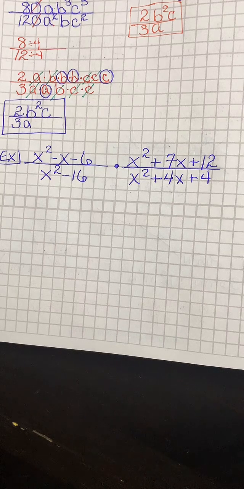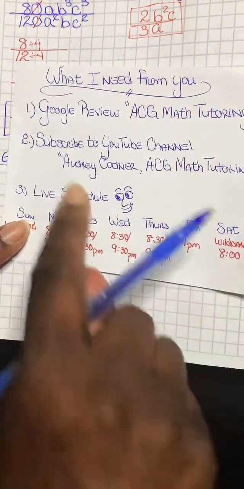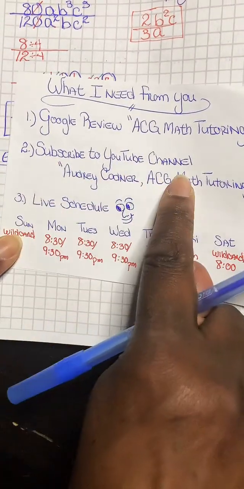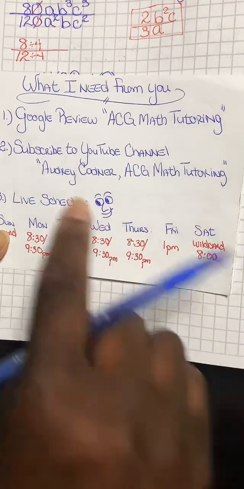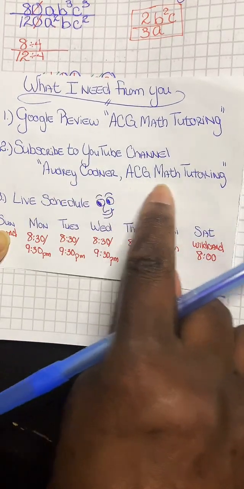Okay, so you need to get 145 up, that GED. Yes, girl. Now, here's the thing. Remember, on the GED test, all the points are not equal. Some questions are 4-point questions, and some are 1-point questions. I did go over a couple of the 4-point questions, and I did record it. If you go to my YouTube channel, go ahead and subscribe. It's a free subscription. I don't do that paid stuff. I ain't popular yet. It's Audrey Codner, ACG Math Tutoring.